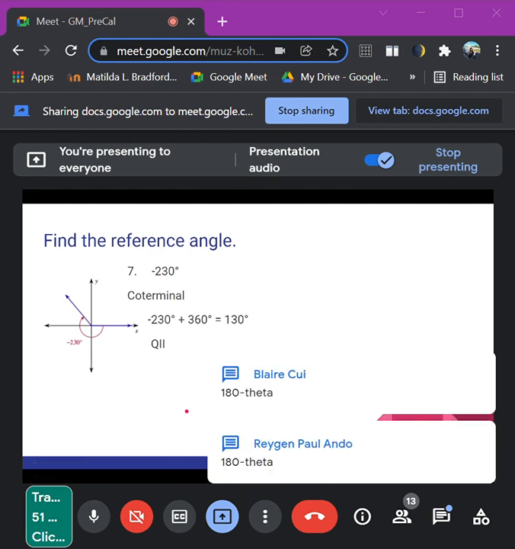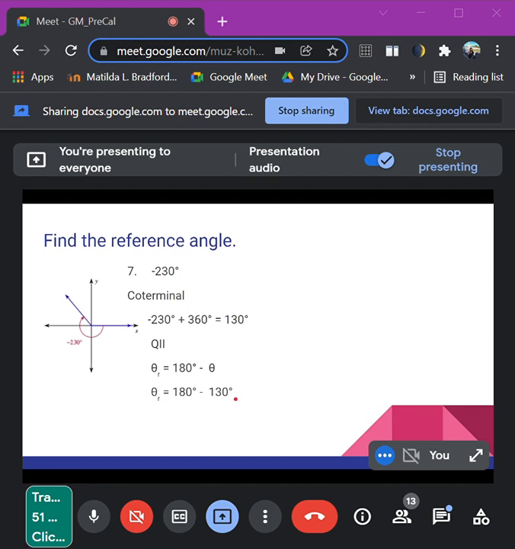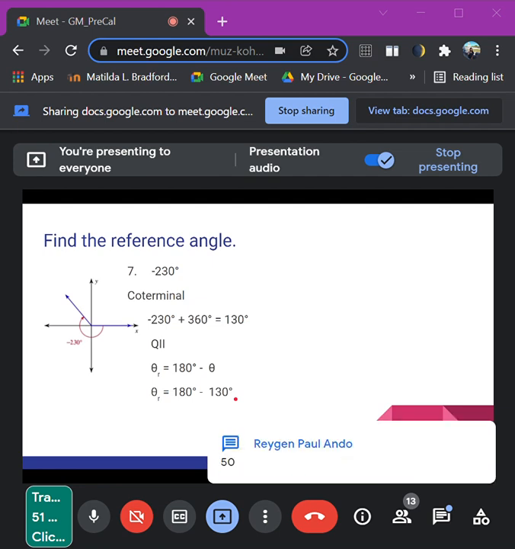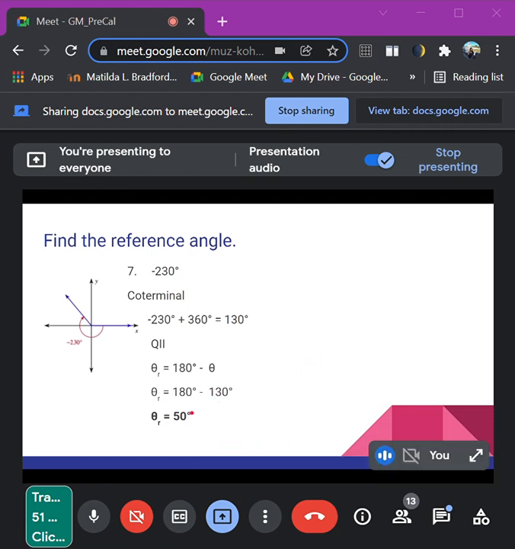Okay, that is 180 minus theta. So, 180 minus 130. Okay, that is 50 degrees. So, meaning to say, our reference angle for negative 230 degrees is 50 degrees.